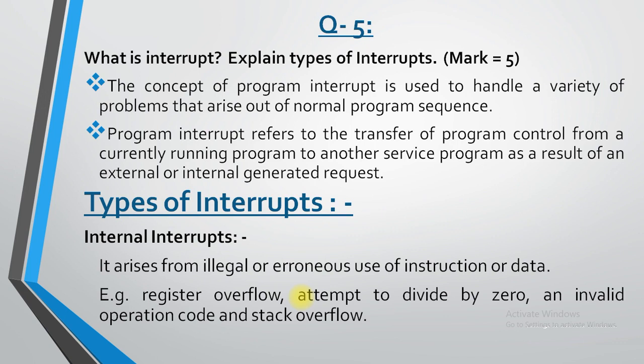Now there are three types of interrupt which may occur during the execution of program. The first interrupt is internal interrupt. The second interrupt is external interrupt, and the third interrupt is software interrupt. Now see, let us discuss the first type of interrupt over here, that is internal interrupt.